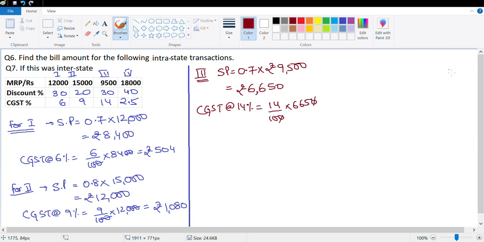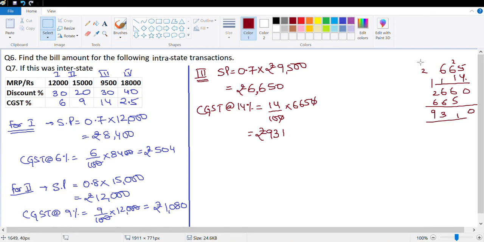Multiplying 665 into 14 gives 9310, divided by 10, that's rupees 931. Okay, let's look at the next one, and that's Article 4.